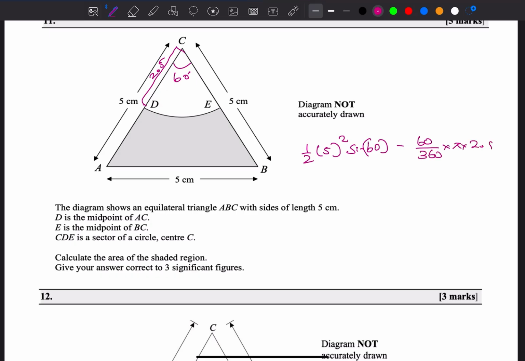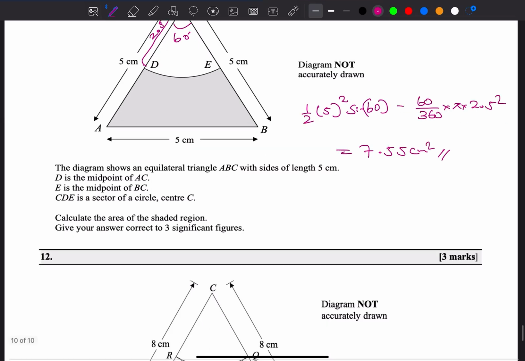Radius is 2.5 squared. That's 7.55 to three significant figures then, yeah. Centimeter squared. All right, last one.